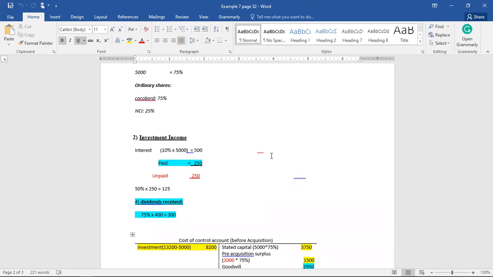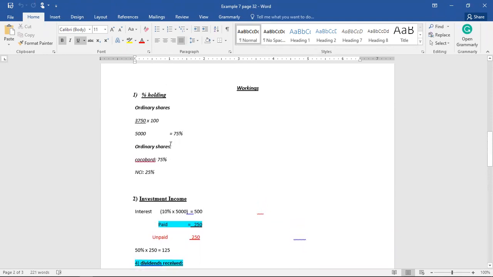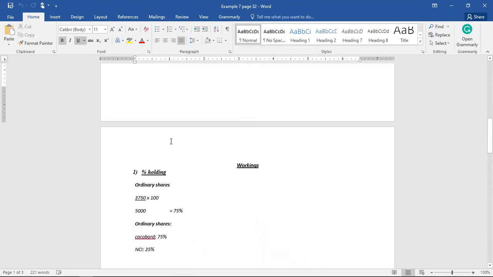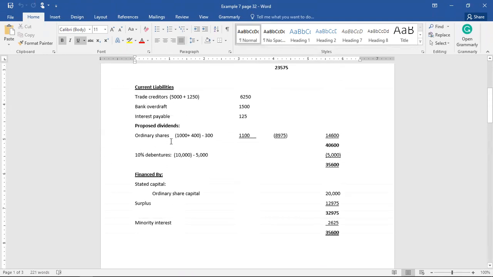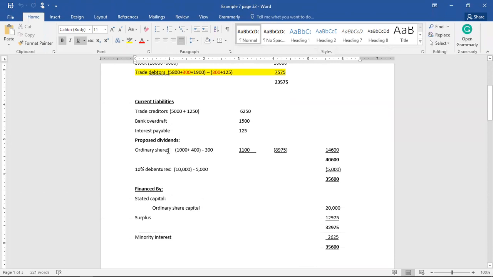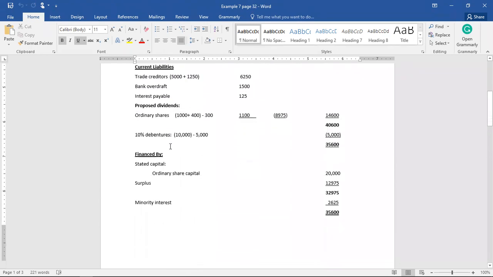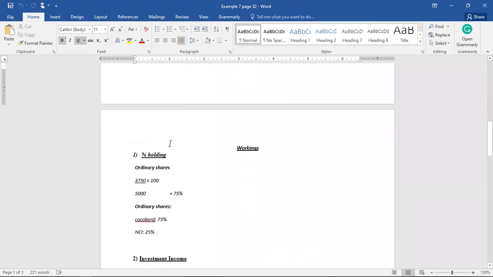where you have H and S limited. So we're told that H bought an amount of shares, 3,750, in S. So we know that the number of shares in S is 5,000.